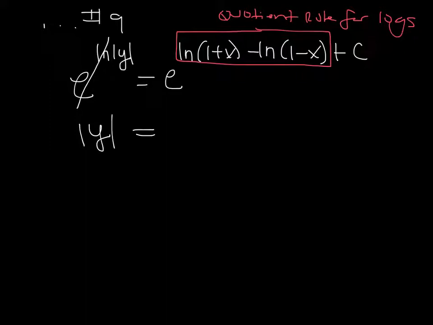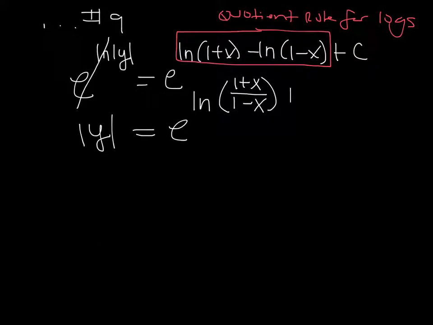So we have e to the ln of 1 plus x over 1 minus x. When we have subtraction, I'm allowed to rewrite this with a quotient or division. If this was a sum, I would probably multiply these two, but it's not a sum.